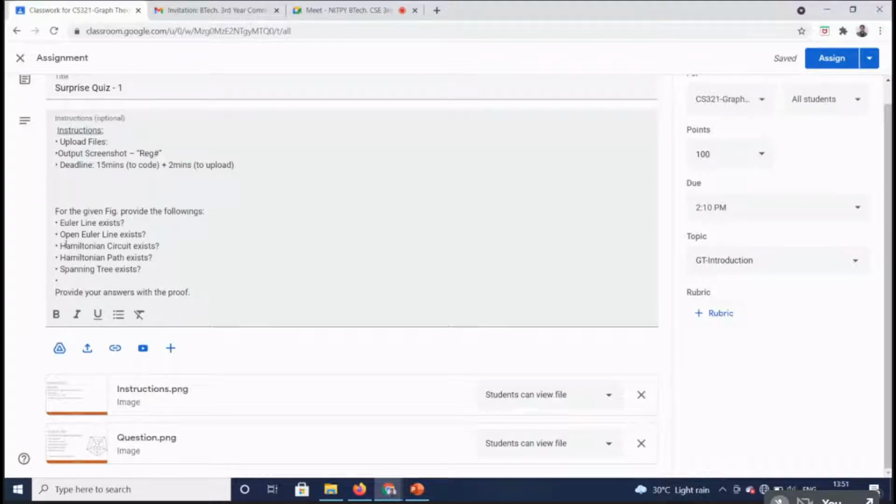Then for the same graph, is there any Hamiltonian circuit present? If there can be many, one is good enough. Similarly Hamiltonian path and spanning trees. So we need to find Euler line, open Euler line, Hamiltonian circuit, Hamiltonian path, and spanning trees. These 5 things for the same given graph.